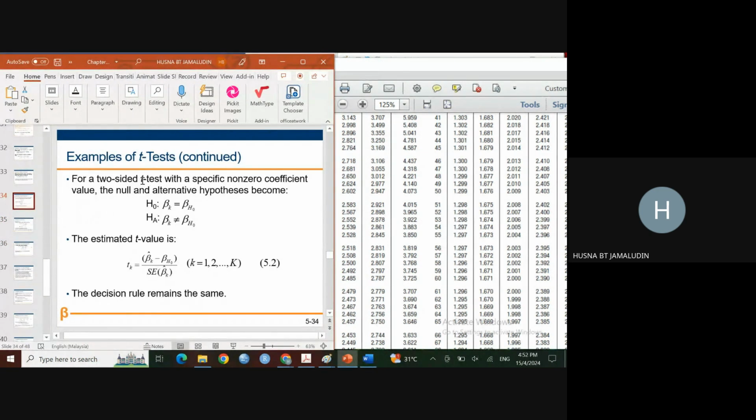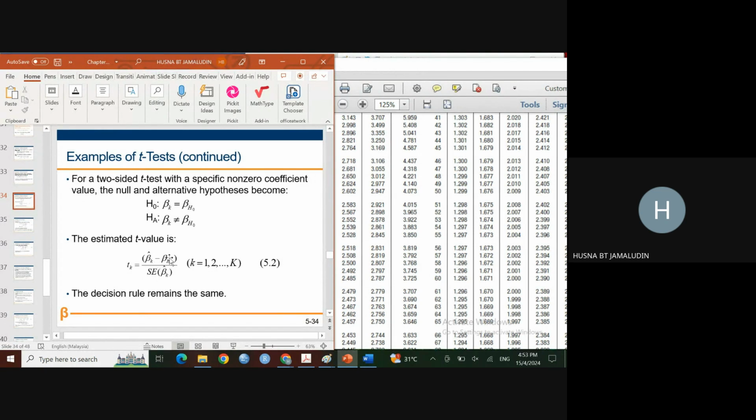For a two-sided t-test with a specific non-zero coefficient value, the null and alternate hypotheses become different. This indicates that you don't have a zero value. So the estimated t-value. Remember how you computed your t-score before? You just have beta over standard error.